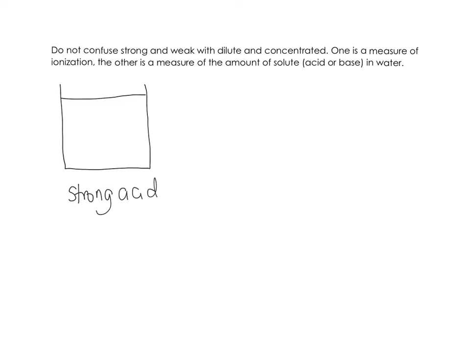The concept is the same. I would have a whole bunch of ions. No molecules whatsoever, because all of the HA split up into ions. But I would have an equal number of H pluses as A minuses.